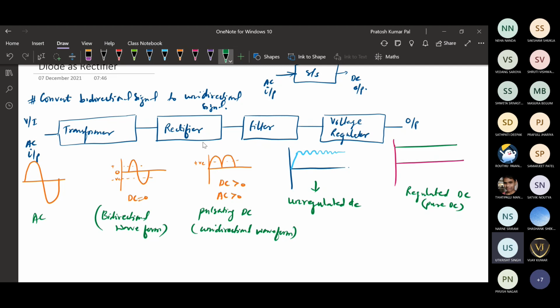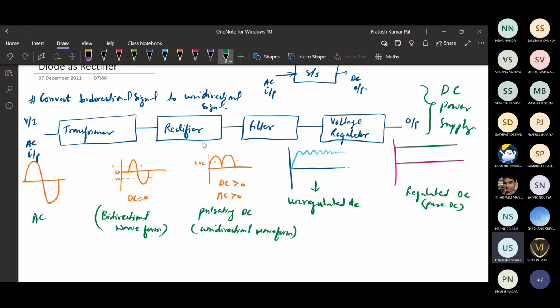So this complete system that we are getting here, like an input we are providing AC input, and we are getting the DC output. So this complete system is called a DC power supply. In the DC power supply, we will be having an AC input, and it will be converting that AC to an output that will be a pure DC.